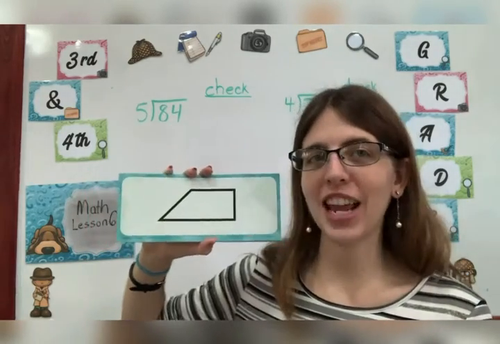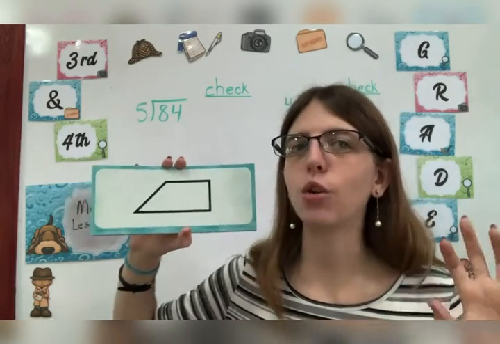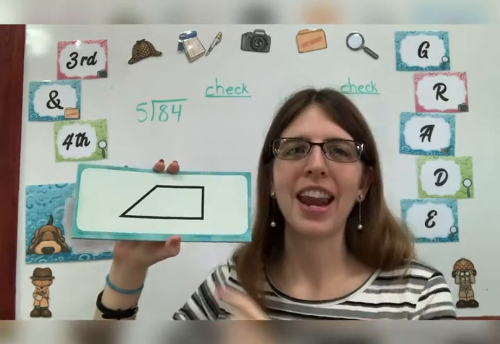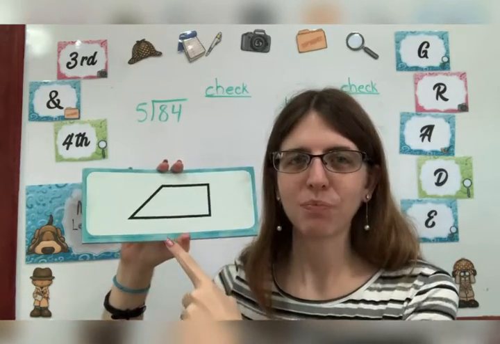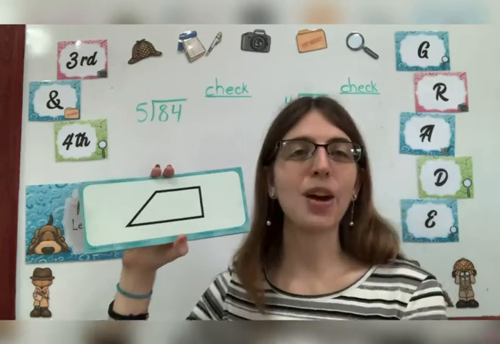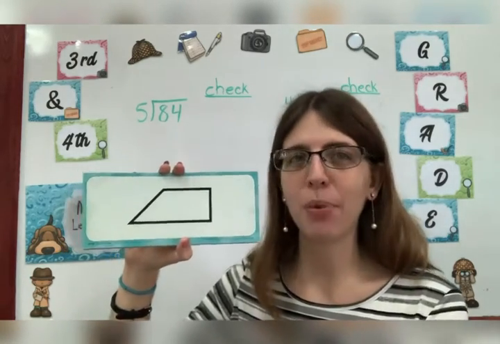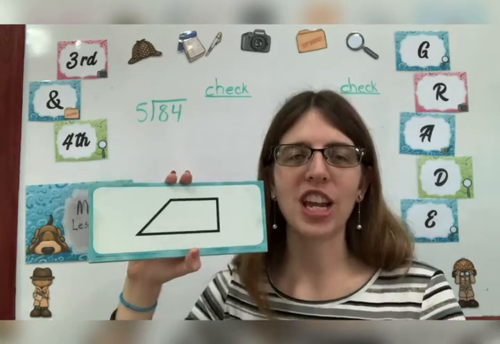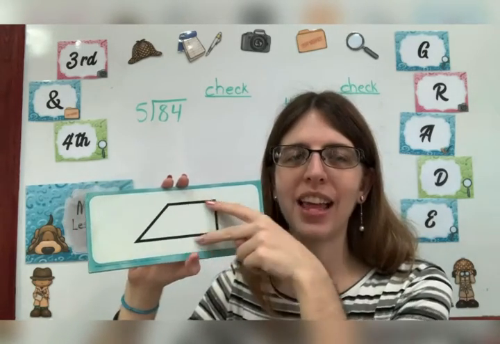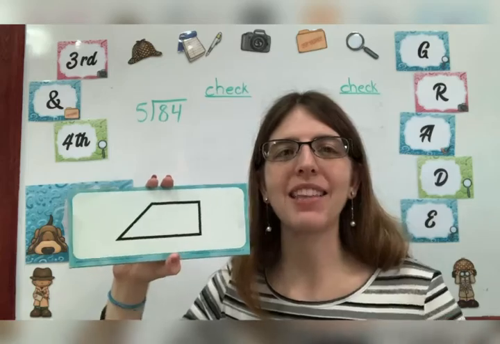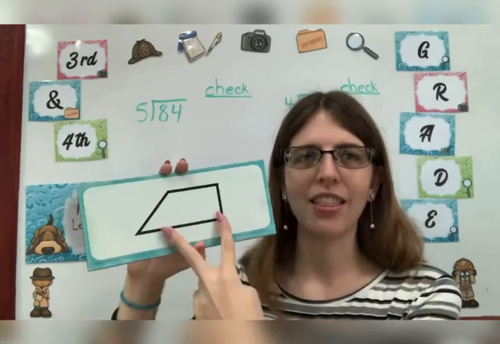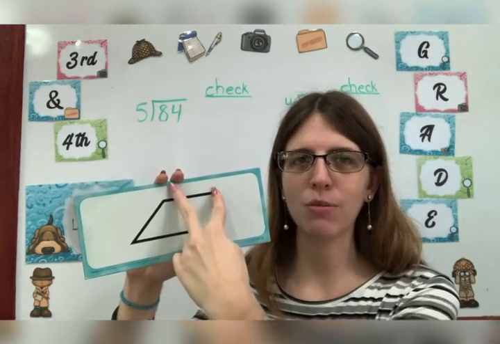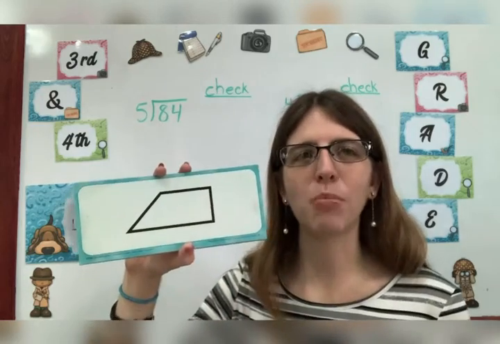Now this shape has some special qualifications to it. It has 4 sides, which makes it a quadrilateral. Any shape with 4 sides is a quadrilateral. But this shape only has 2 sides that are parallel, meaning they will never cross. These 2 sides, if I were to keep drawing the line, they would end up crossing.